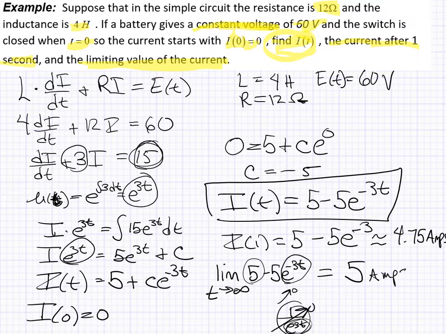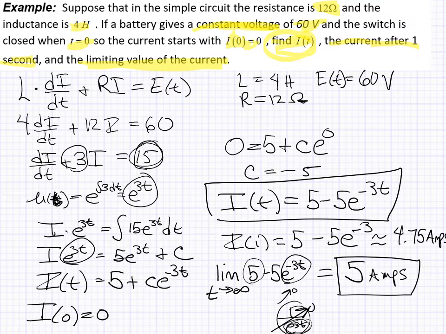Okay? And so that's important to know that the current flowing through this circuit is going to top out at 5 amps. And then you can take the pieces that make up this simple circuit and use the materials that you need that can handle the 5 amps.